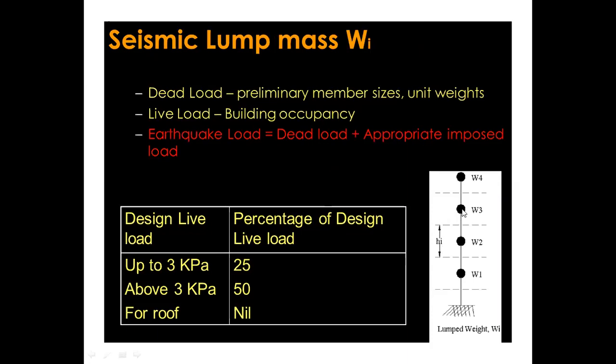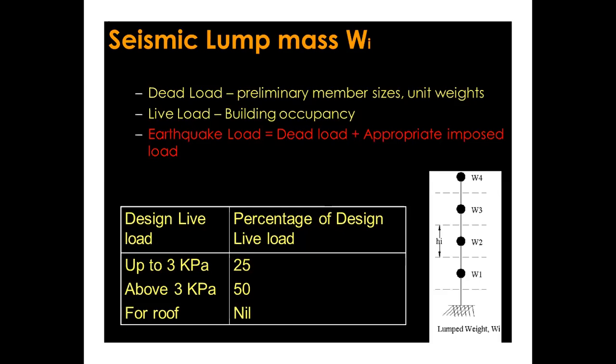Dead load consists of preliminary member sizes and their unit weight, whereas live load consists of building occupancy. Earthquake load is equal to the summation of dead load plus approximate imposed load. Imposed load means live load, right?